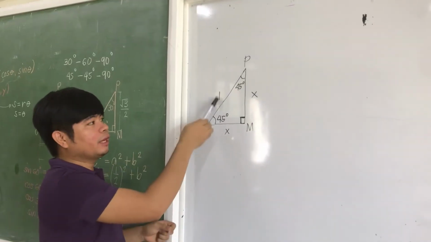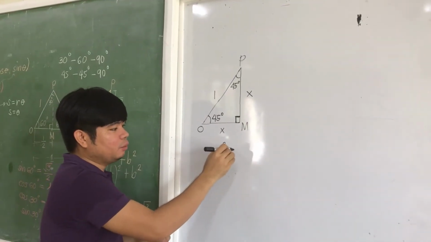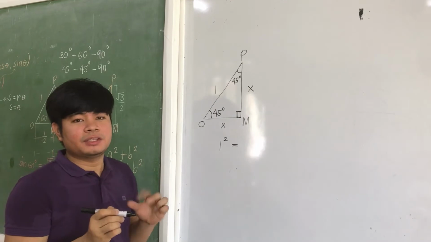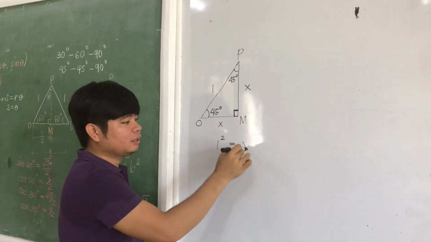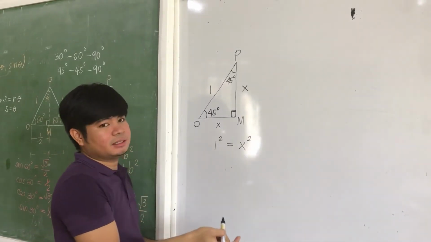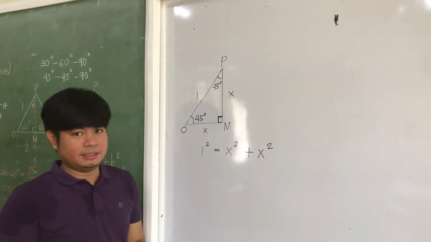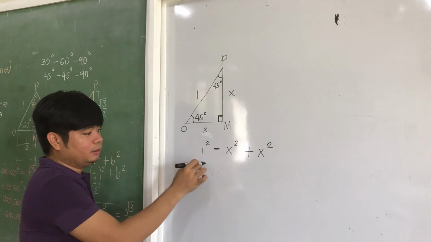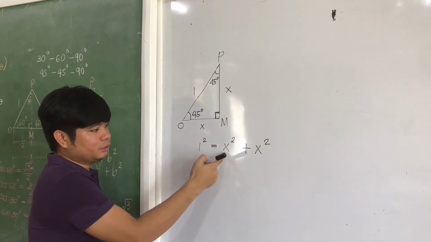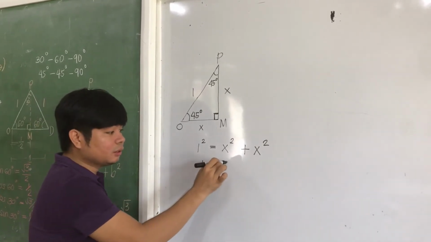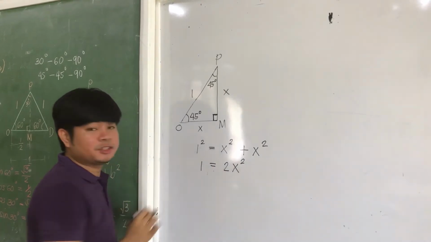So the square of the hypotenuse, that is 1 squared, is equal to the sum of the squares of the two sides. Square the first side since they are just the same. So x squared plus x squared. Okay, 1 squared is simply 1. So x squared plus x squared is 2x squared.